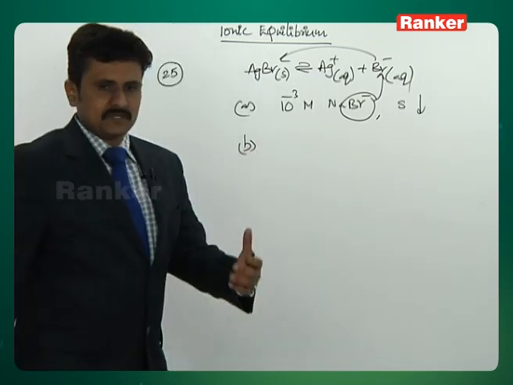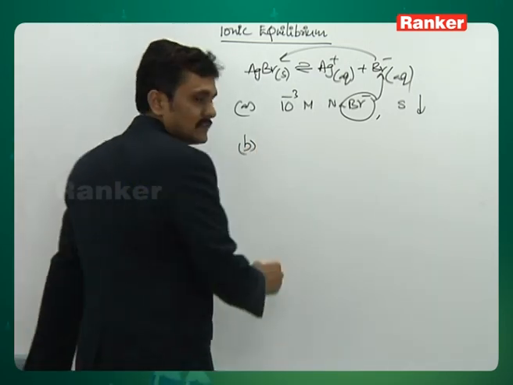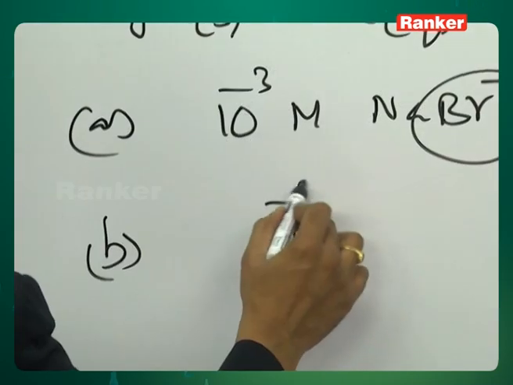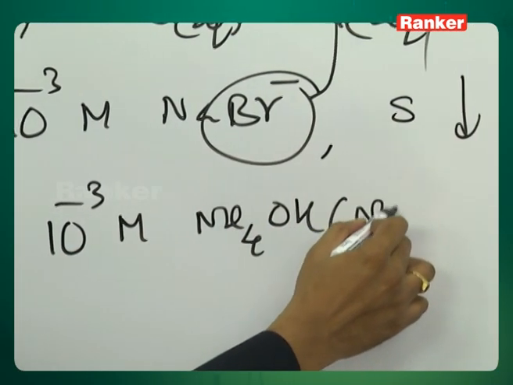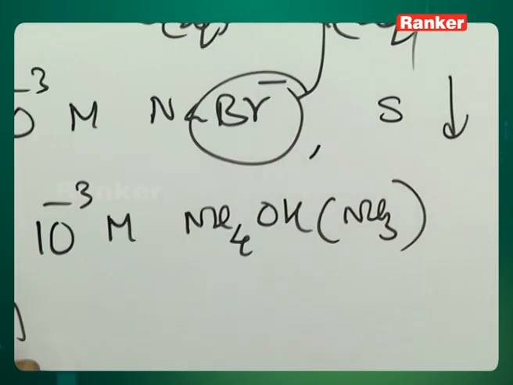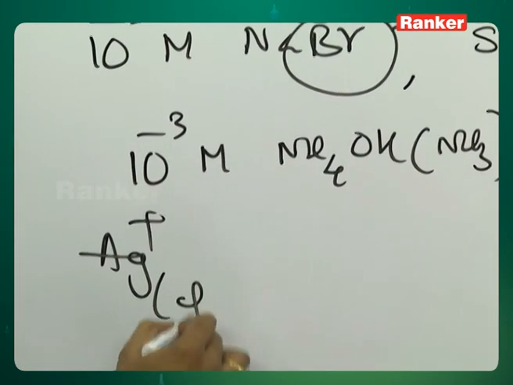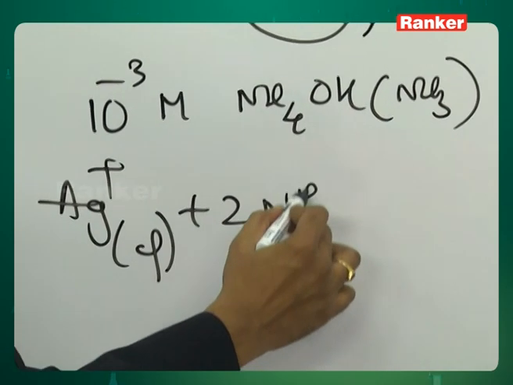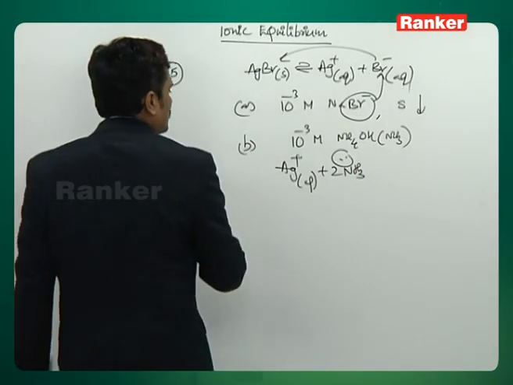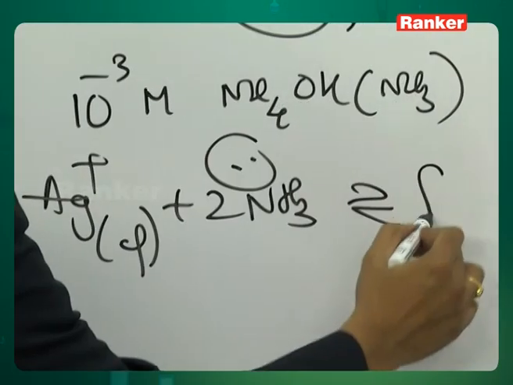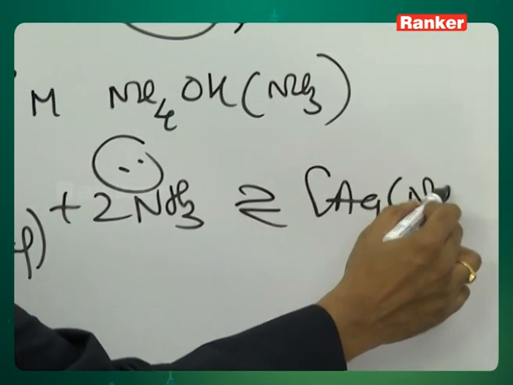Coming on to option B, we have ammonium hydroxide, 10 to the power minus 3 molar, which is nothing but ammonia. So I can anticipate that as soon as this ammonia is added, the Ag plus present in the solution, being a d-block element, has a tendency to form a coordinate bond with ligands like ammonia, and will immediately undergo complexation.